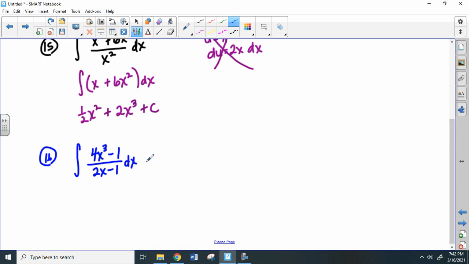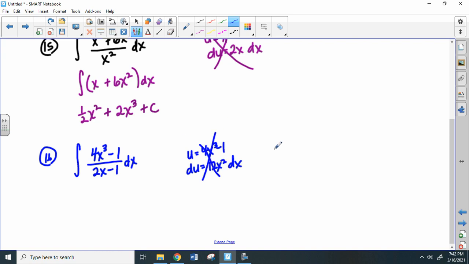But even if you tried to make the top the u, you don't have 12x squared anywhere, and you can't create it with the bottom, plus it can't be on the bottom, so that's not going to work.